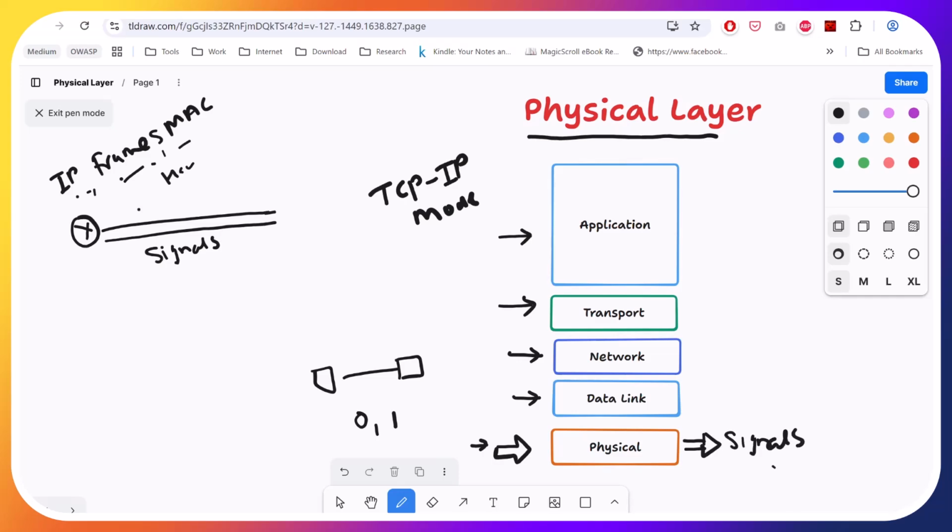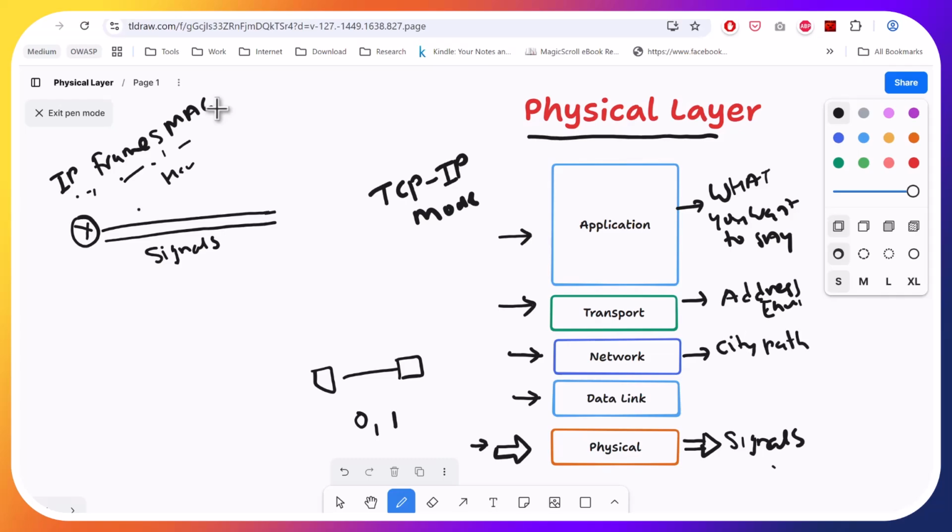If I want to give you an analogy for better understanding, then the application layer is about what you want to say. Then the transport layer is like the address on the envelope. You have drafted a letter, then you put the address on the envelope. The network layer is like finding the city or path across cities and countries.